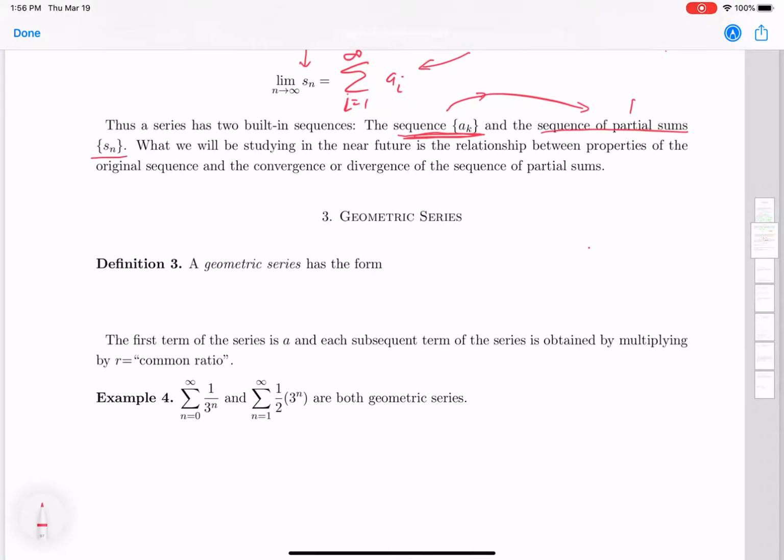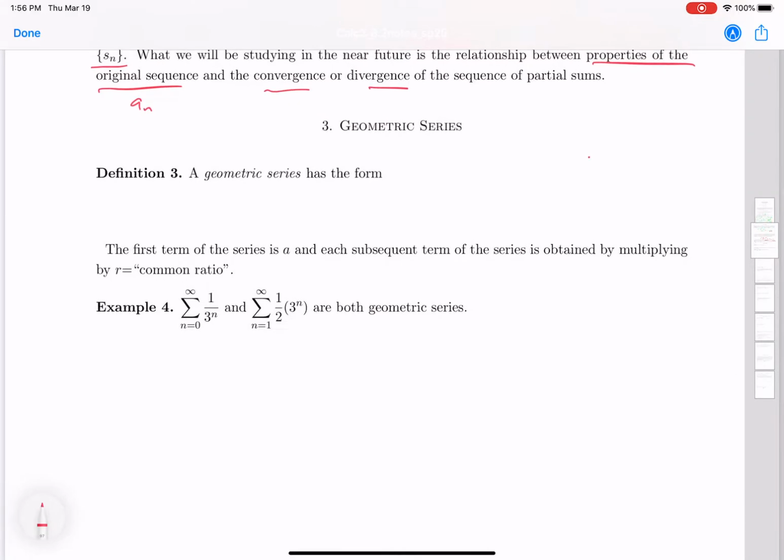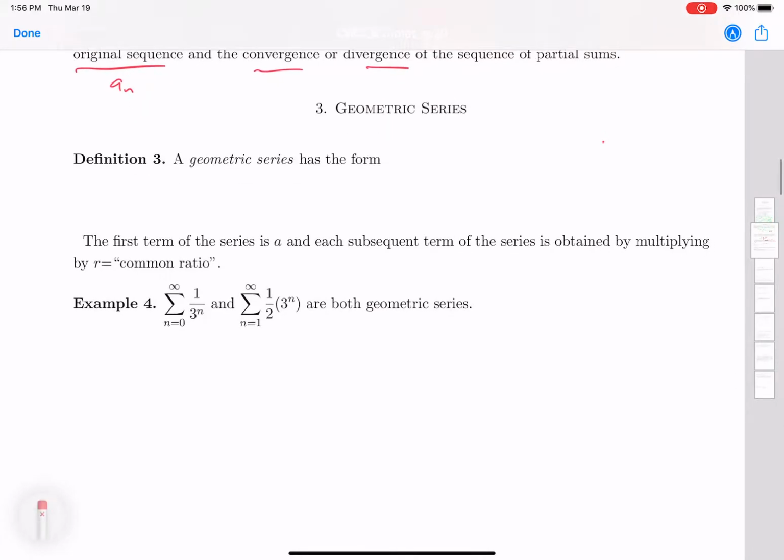In particular, the properties of the original sequence, a sub n, tell us about convergence or divergence of the sequence of partial sums. So let's start with a geometric series. A geometric series has the following form.